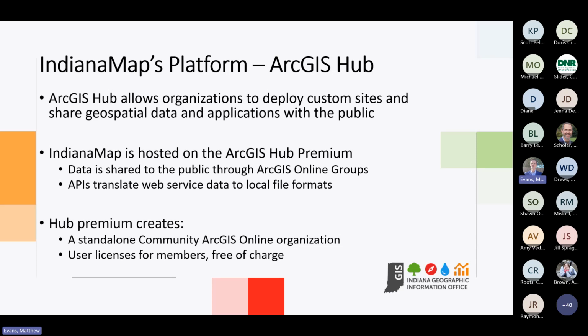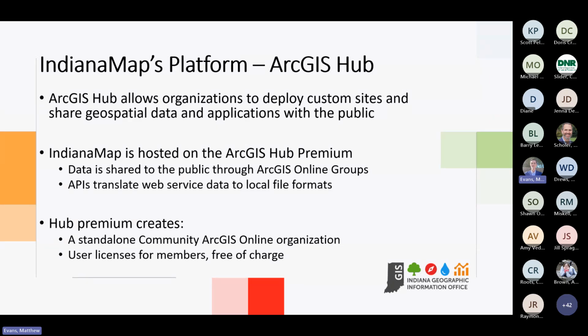And specifically with IndianaMap, we host the site on ArcGIS Hub Premium, which is another level of licensing above the default ArcGIS Hub platform. ArcGIS Hub Premium offers a couple of specific functionalities that ArcGIS Hub doesn't. The main one that I'm going to talk about today is the community ArcGIS Online organization.